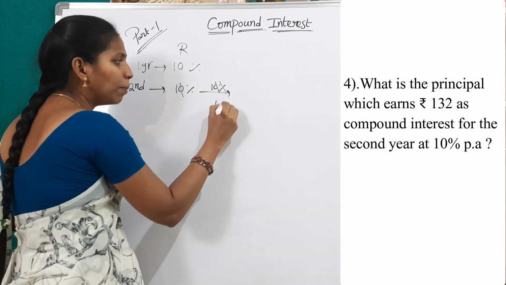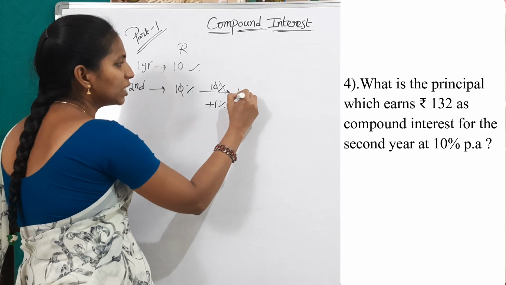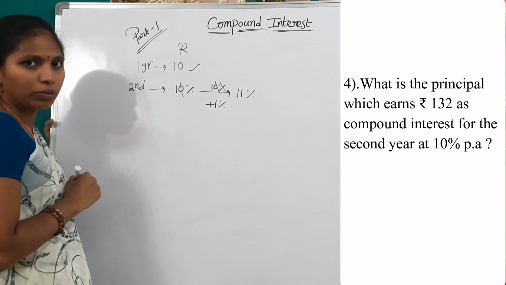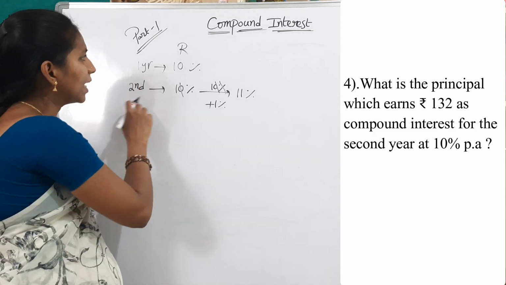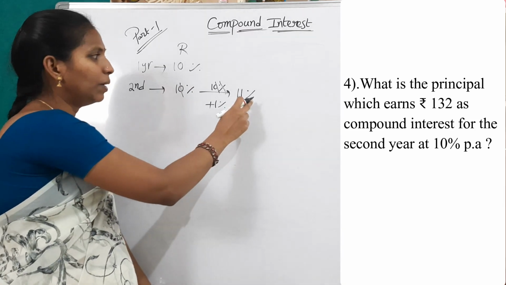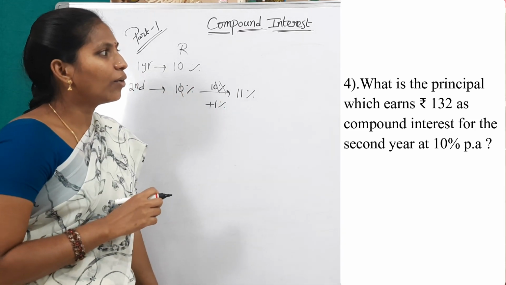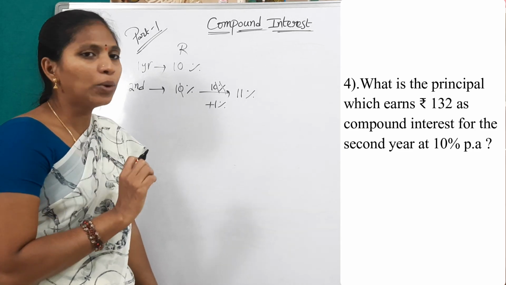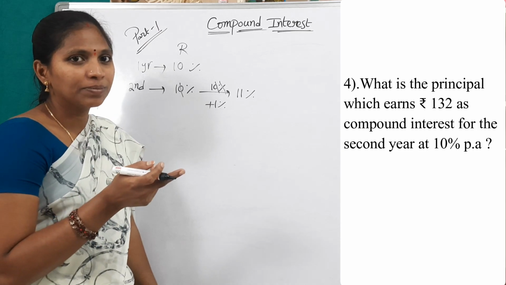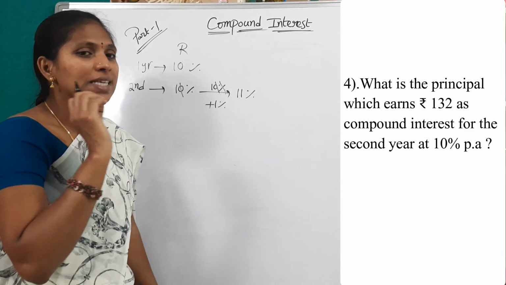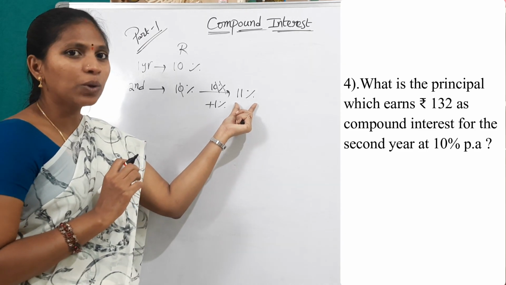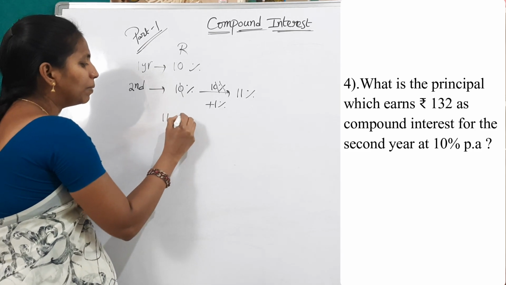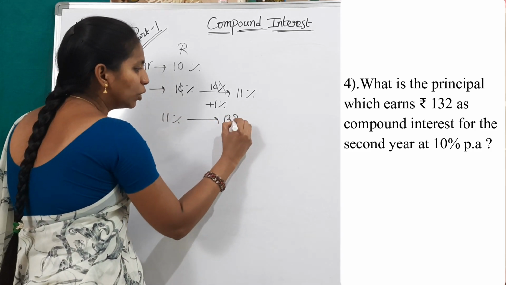Then we get 1%. Add this 1% to this 10%, that is 11%. Already I explained before. Now for the second year, what is the rate of interest? 11%. In the question they have given: what is the principal which earns 132 rupees as compound interest for the second year. So 11% is equal to what? 132. 11% is 132.